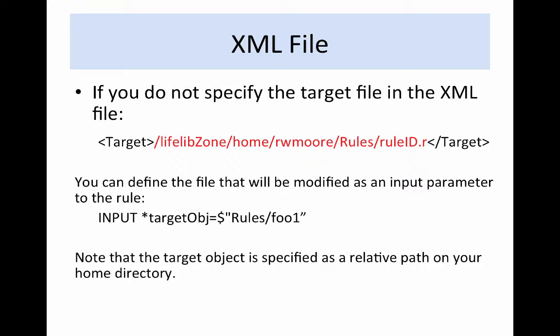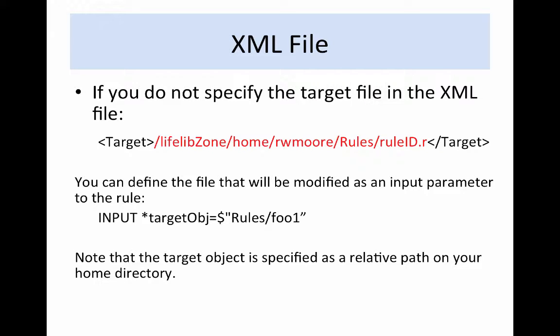Target files specified in the XML file override the location specified in the target object variable. If you do not want to specify the target file in the XML file using the XML element target, lifelibzone/home/rwmoore/rules/ruleid.r/target, you can define the file that will be modified as an input parameter to the rule testLoadMetadataFromXML.